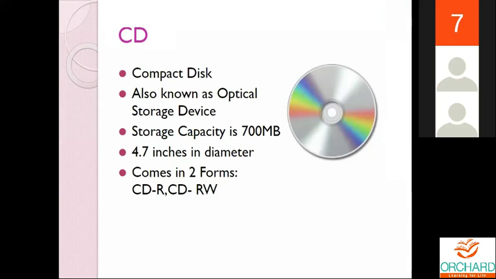It can hold text, graphics, sound, images, and videos. Its diameter is 4.7 inches, in mm it is 120 mm. It has a maximum storage capacity of 700 MB. So we can store up to 700 MB of data.